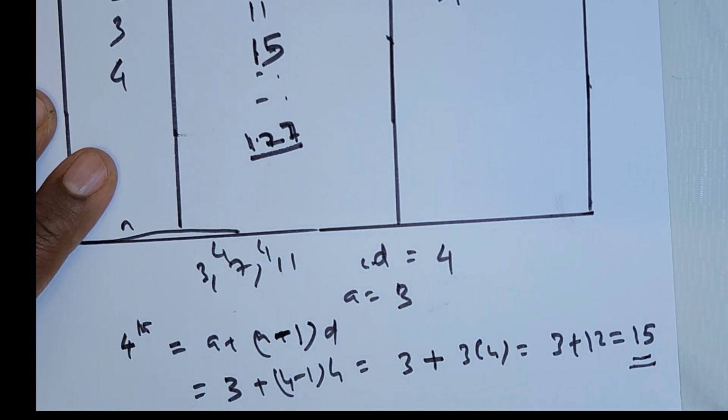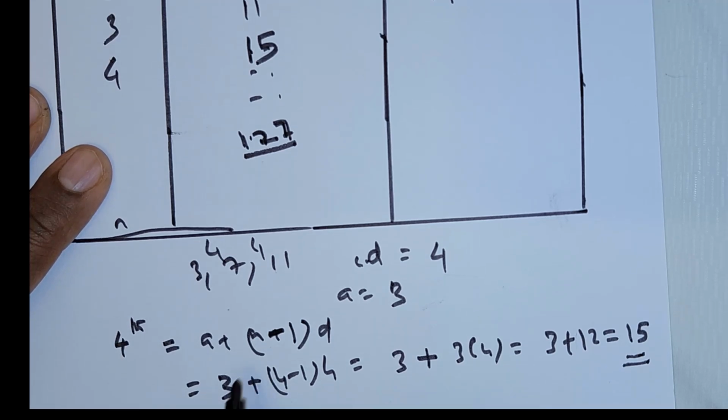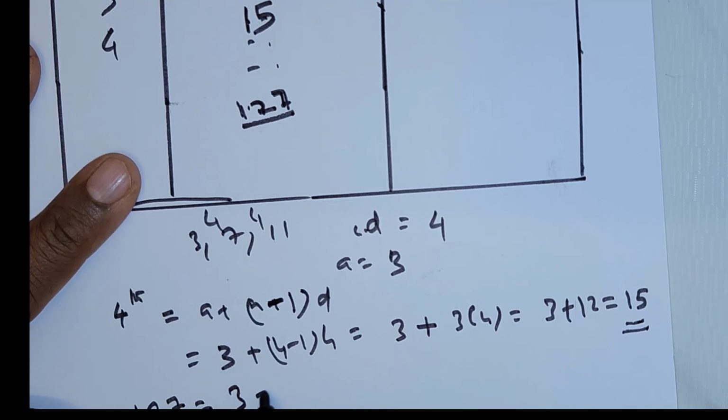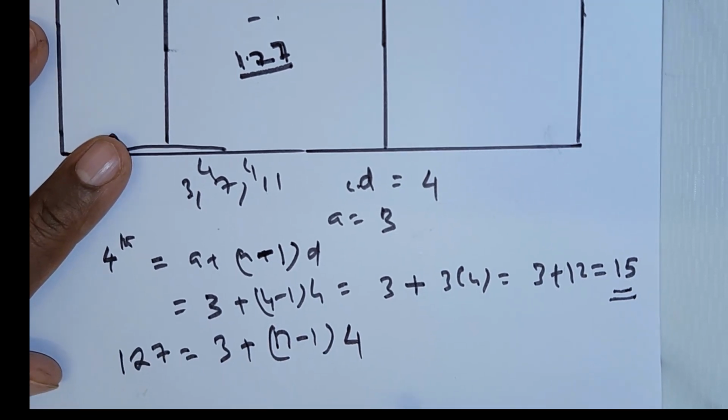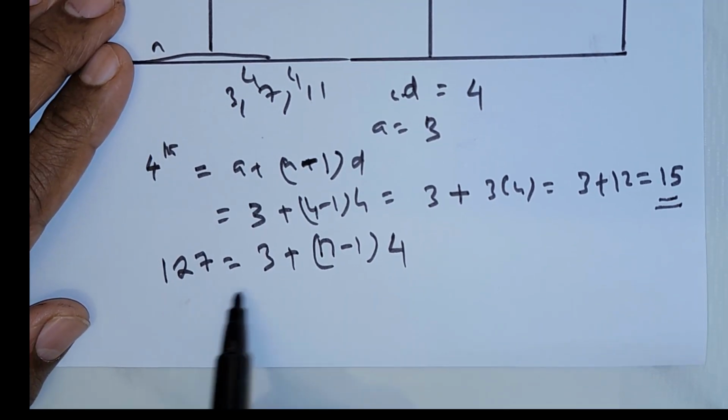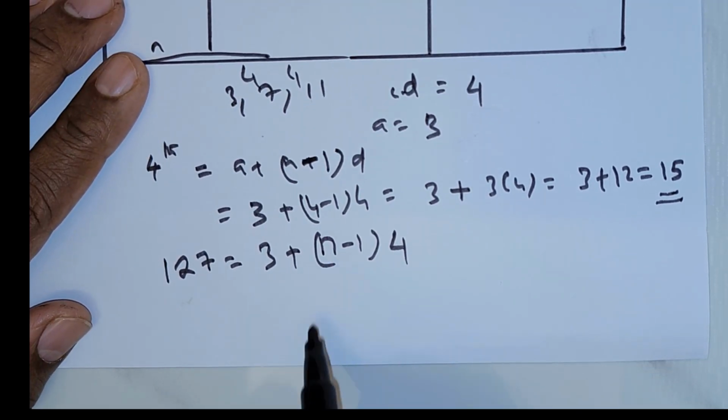So that means we would have to find the value of n. We got 127 over here and 3 is over here. n we need to find, and the value of d is 4.